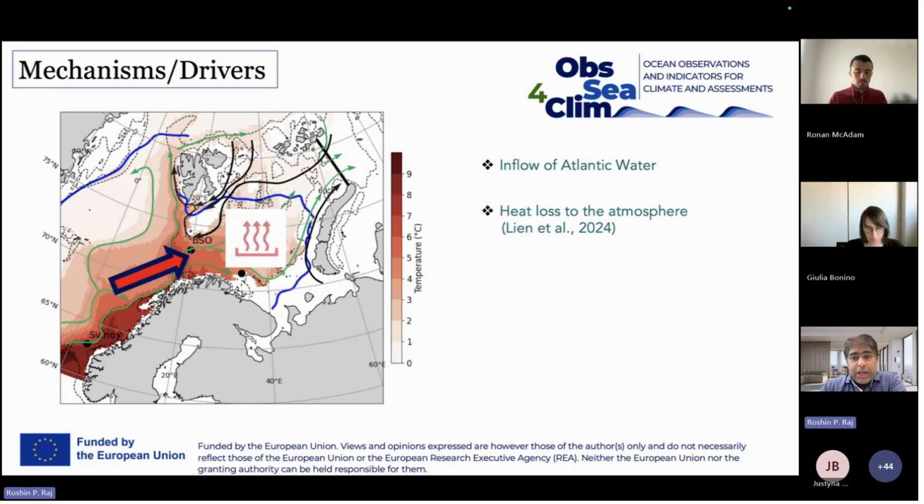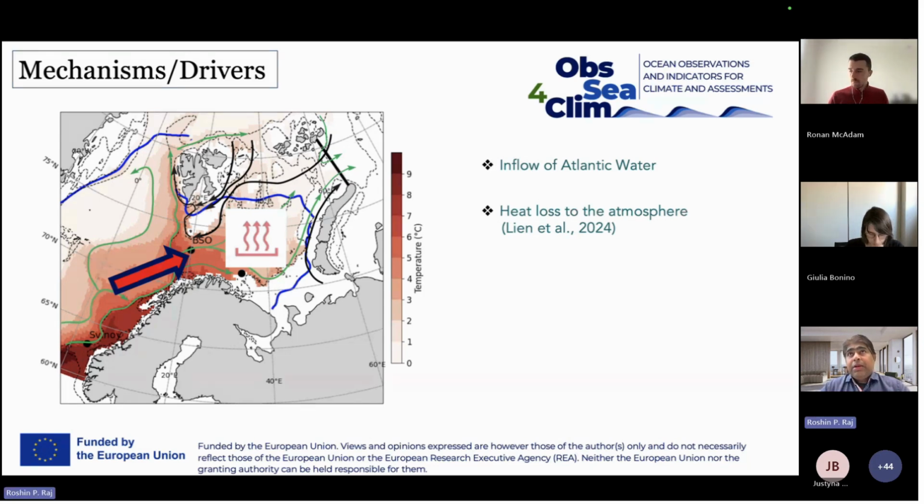The next one is the heat loss to the atmosphere. Together with the inflow of Atlantic water, heat loss plays a major role. In the 2016 event, this was another major component which acted in coherence with the inflow of Atlantic water. When we have less heat loss to the atmosphere, we increase the longevity of the marine heat waves in the region.